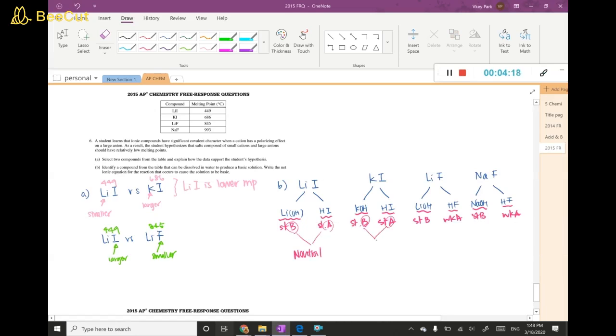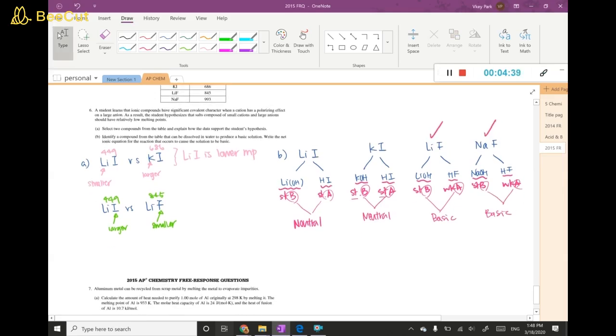Boy and Annie, they fight and they are both strong, so they are neutral because nobody wins. What about here? Strong boy and weak Annie. Boy wins. So this is going to be basic. Same idea over here too. So this is also going to be basic. So I can either use this one or this one. It doesn't matter which one you use.